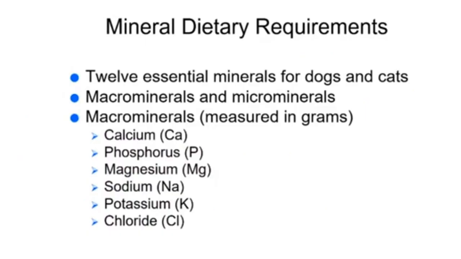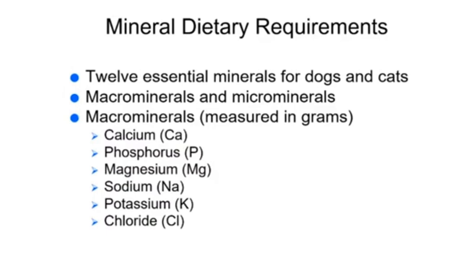Now we will talk about the dietary requirements of minerals for pet foods, or in pet nutrition. As I mentioned, the vitamins and minerals are required in very small quantities, so they are considered micronutrients. About 12 minerals are essential for dogs and cats, of which some are required in slightly larger amounts and expressed in grams, whereas others are required in very small quantities and expressed in micrograms.